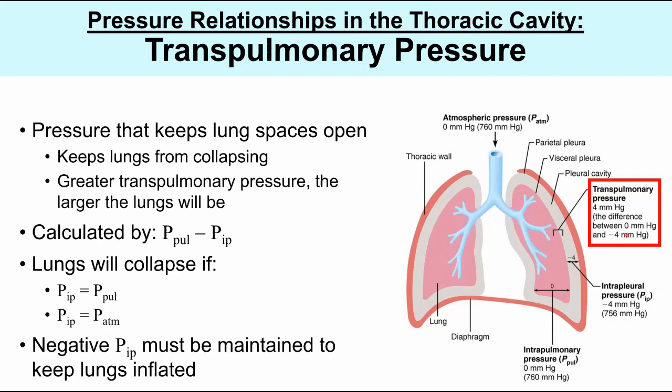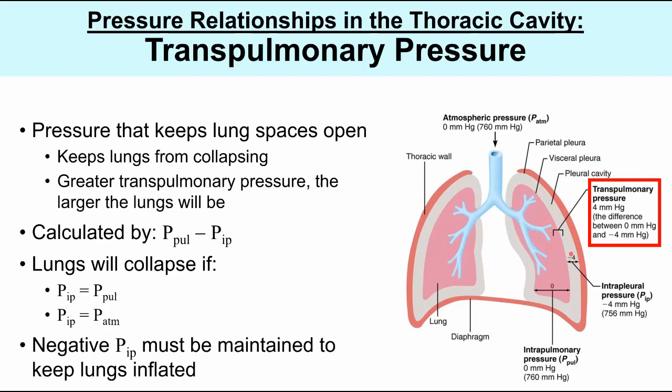So it's the pressure across the lung, between the lung and the parietal pleura. And ultimately, this is the pressure that keeps the lung spaces open. It's the difference between these two pressures that draws the lung tissue towards the parietal pleura, and therefore keeps the lungs inflated.